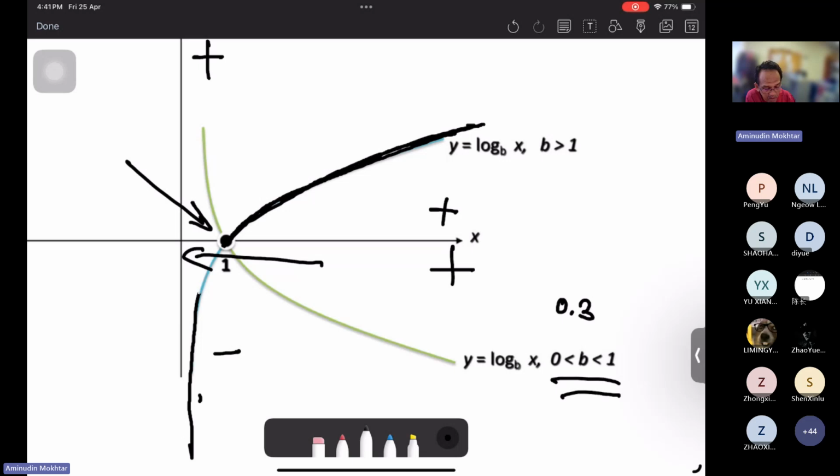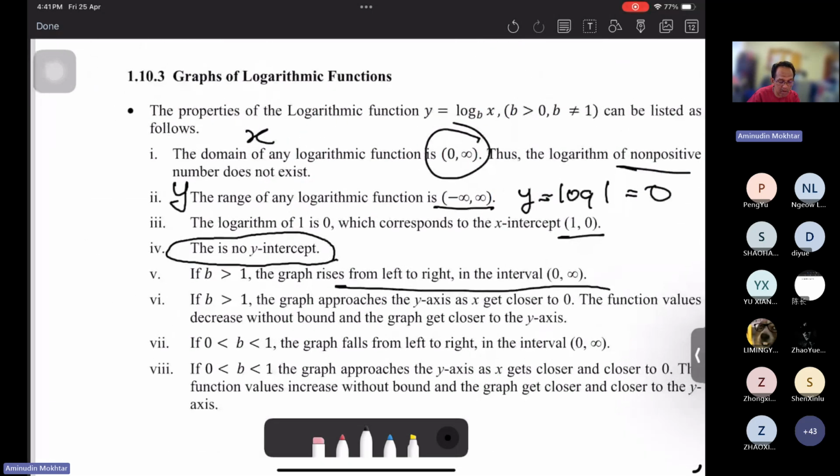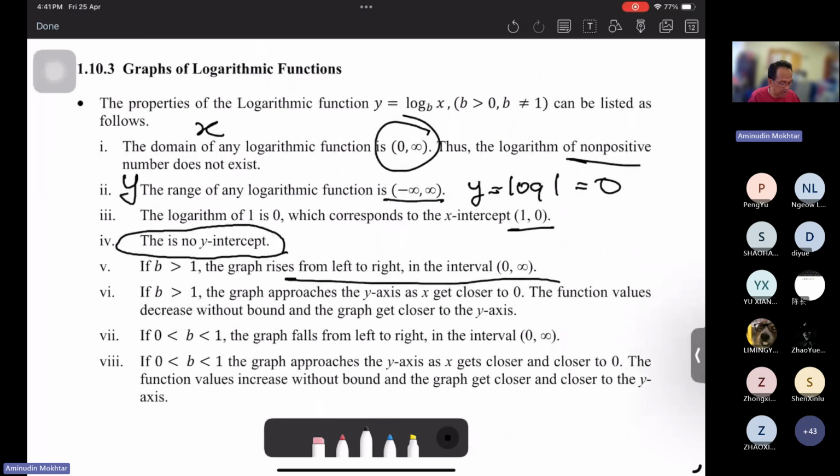The graph falls from left to right. When x increases, the graph will decrease. The value of y will decrease as x increases. Some properties for logs you can refer to on page 49.